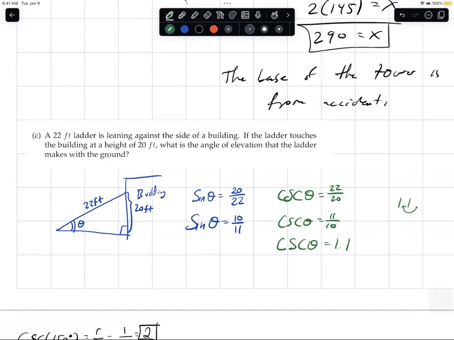And so it becomes 1.1. And even if we had to do long division, that's fine too. So this one is easier to divide, that one's 1.1. This one is a little bit harder to divide, though it can be done as well. But notice now the cosecant of the angle we're looking for is 1.1.